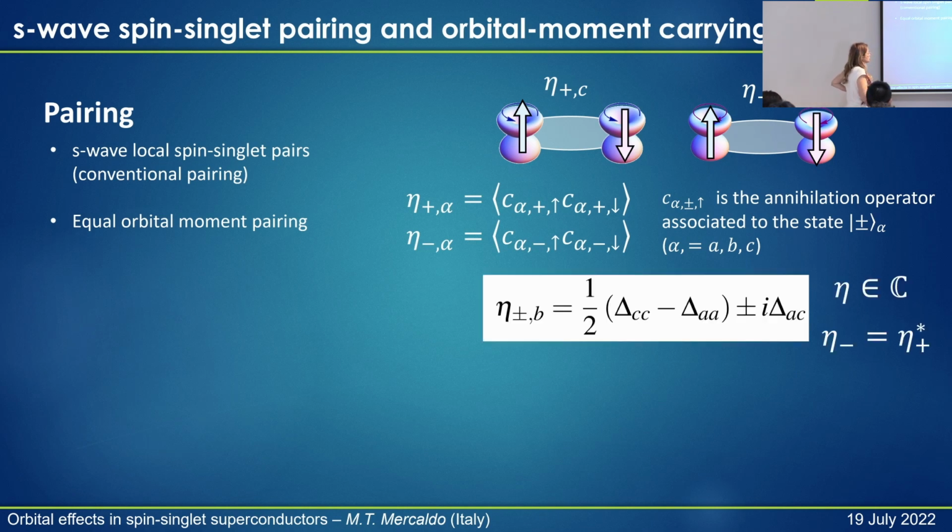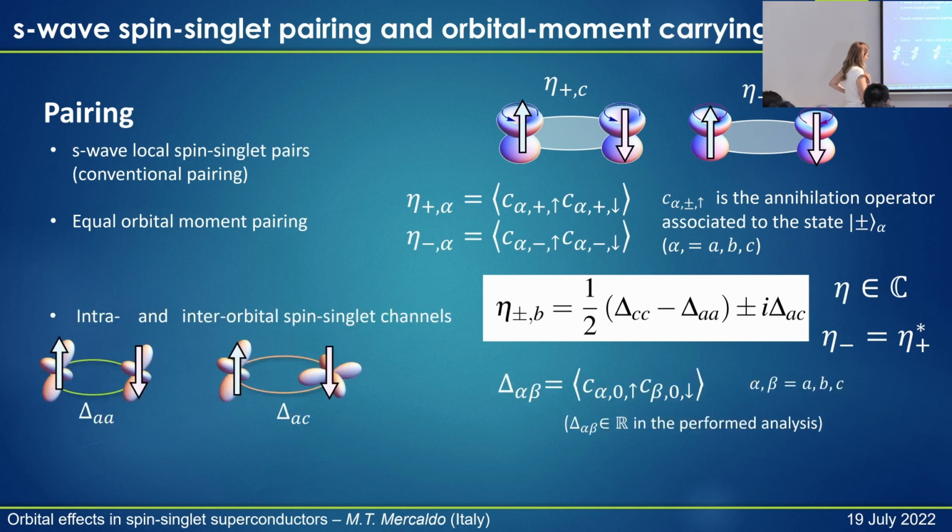But what is the relation between this new order parameter and the original one? You can simply calculate it; you know exactly how the annihilation operator is written in terms of the previous one, which we call like this. This 0 refers to the zero projection of the orbital angular momentum.